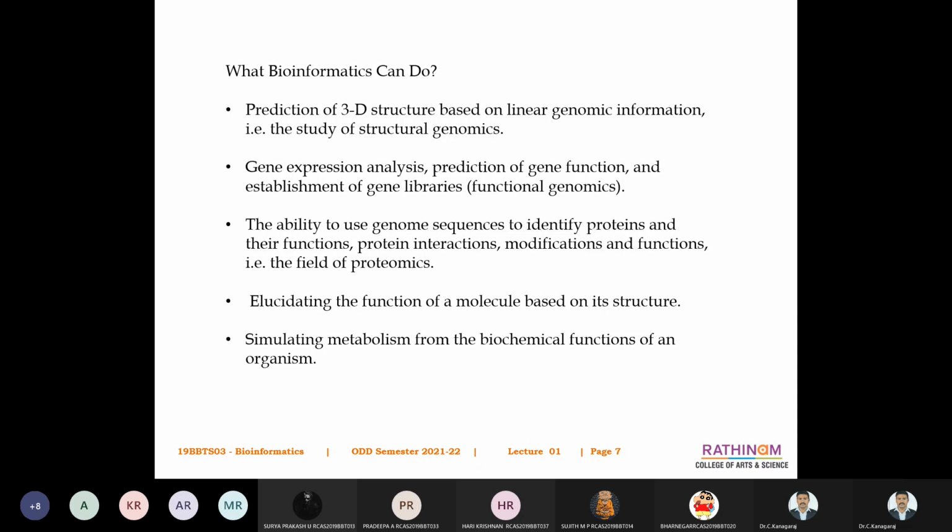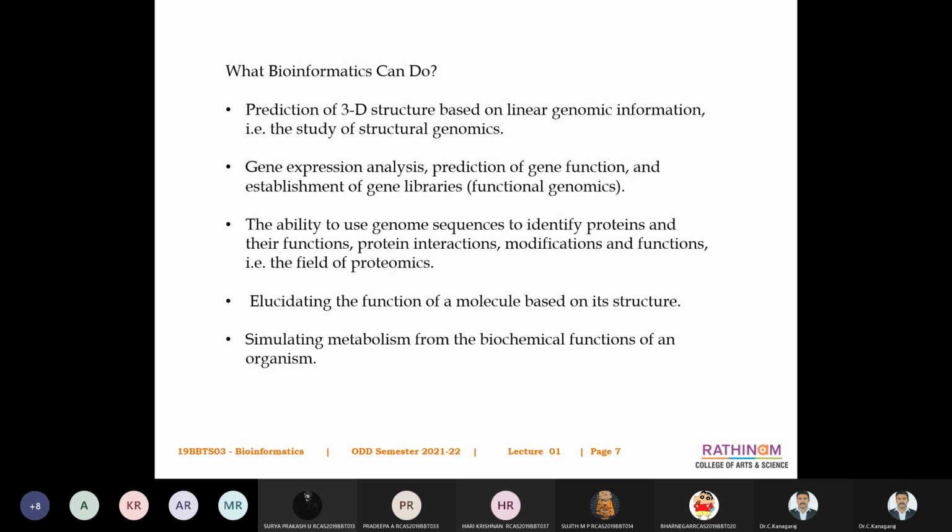So the next one is the ability to use genome sequence to identify proteins and their function, protein interaction, modification, and functions. So that's what we call proteomics. Genomics is the entire study of the genetic structures, genes. ஜீனை பத்தின படிக்கிறது எல்லாமே genomics. அதுல gene expression எல்லாமே வரும்.